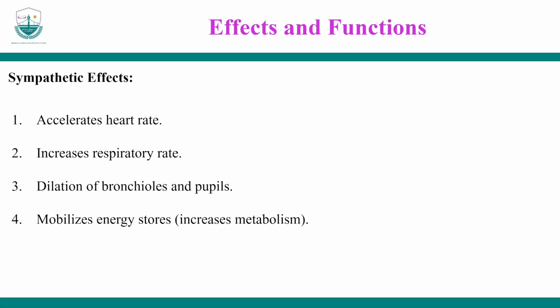So the opposite of what you have seen there is what we can see here. The heart rate increases, the rate of breathing increases, there is dilation of the pupil and also the bronchioles, and mobilization of energy stores to make sure that there is sufficient energy for that stressful situation that you find yourself in. That marks the end of this presentation on the autonomic nervous system.